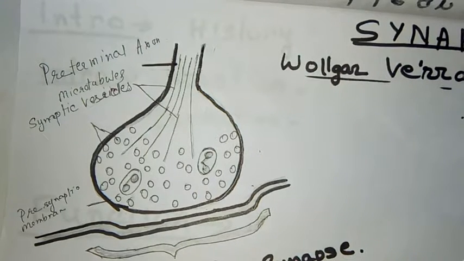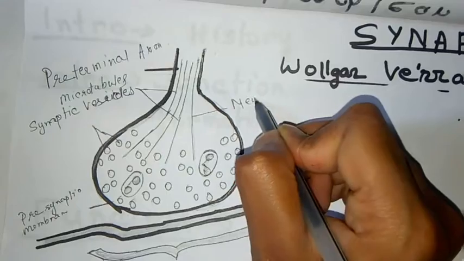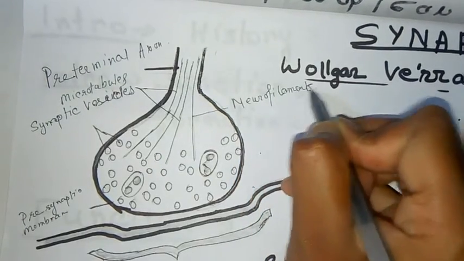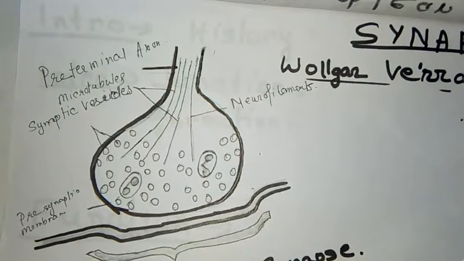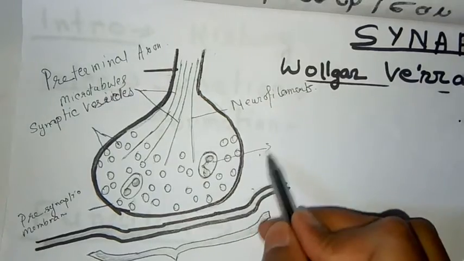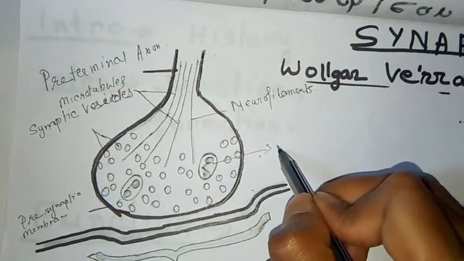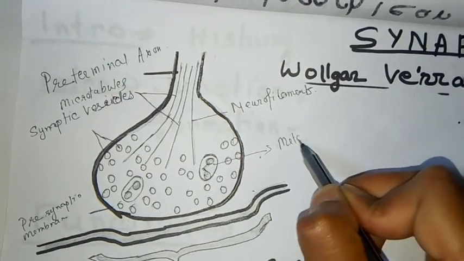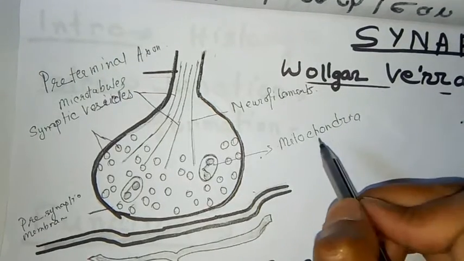This is neurofilament. And this, as you all know, the energy house of any cell, is the mitochondria.